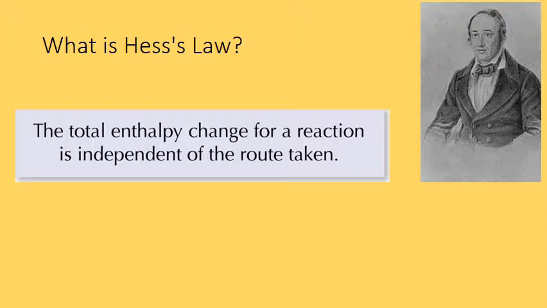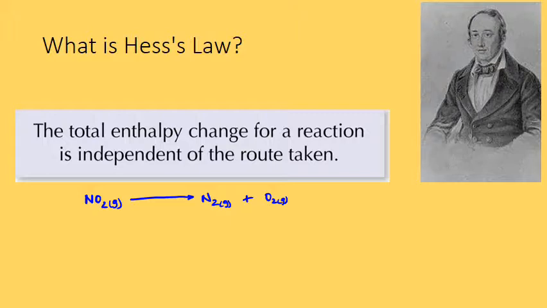So let's have a look at an example of nitrogen dioxide. Let's say you have some nitrogen dioxide gas, and you're going to decompose that into its components, so nitrogen gas and oxygen gas. Well, first of all, we need to balance this.